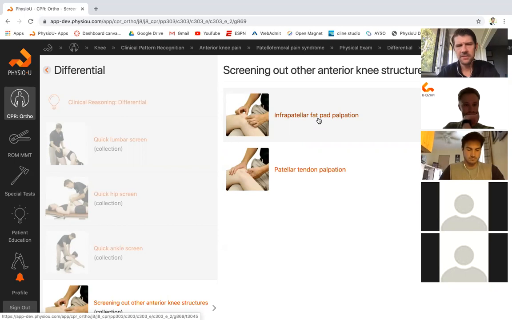Does it even matter? Okay, so Joanna, treatment approach. How is the treatment approach different? They both have anterior knee pain. They both hurt when they jump, when they run. Good.